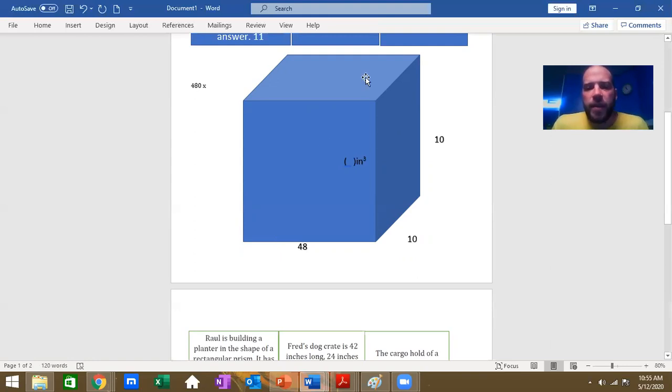And then you're going to multiply it by how high up and down it goes, which is its height, which is over here, and that's 10. So the volume of this is 4,800 cubic inches.